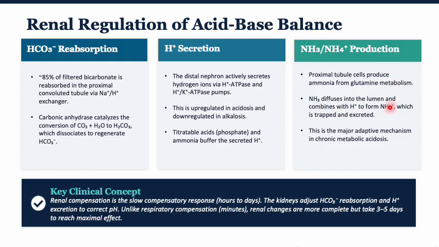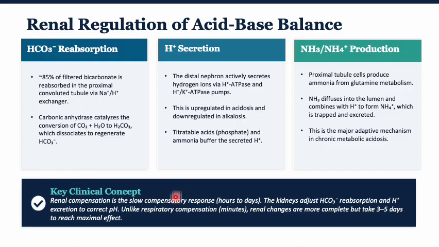It diffuses into the lumen and combines with hydrogen to form ammonium, which is trapped and then excreted. So this system is normally used in conditions where they've had chronic metabolic acidosis.